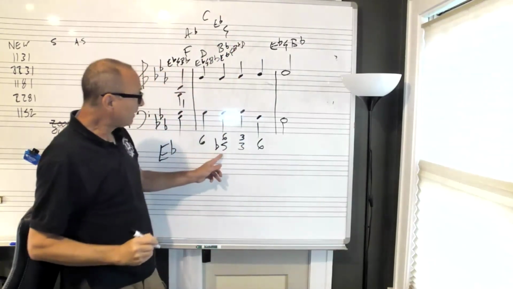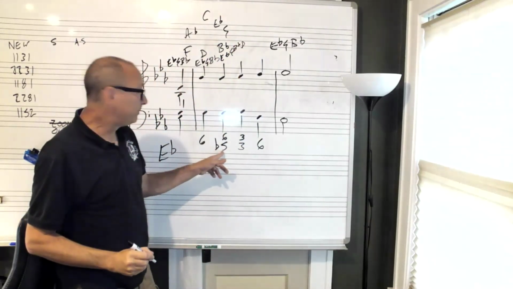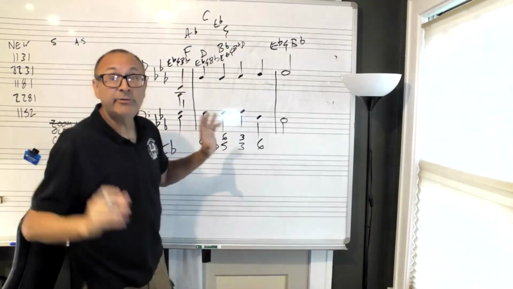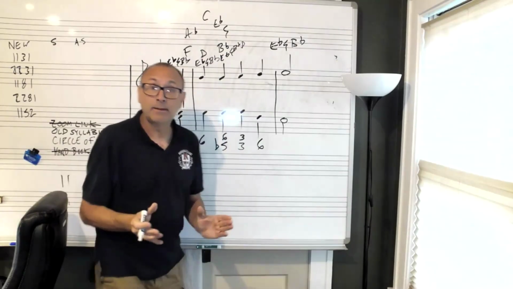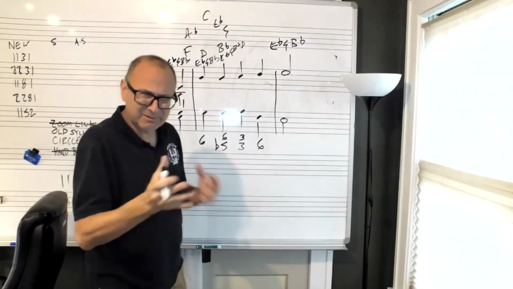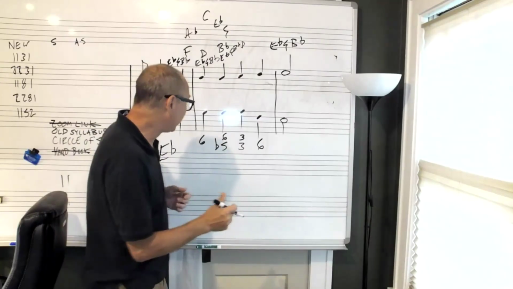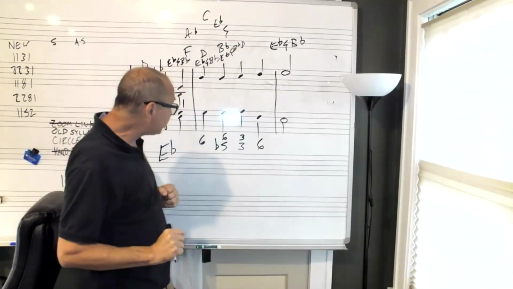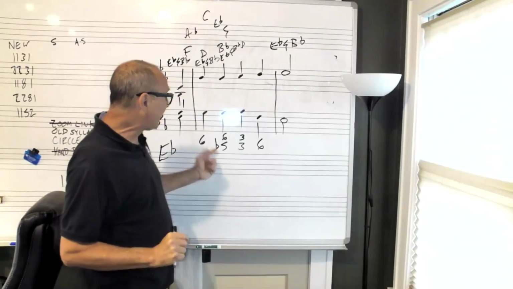Now, there's a flat next to the 5. That means that this chord is going to have a chromatic pitch. The 5th above the bass, this is where I think people sometimes forget, is going to be flatted.